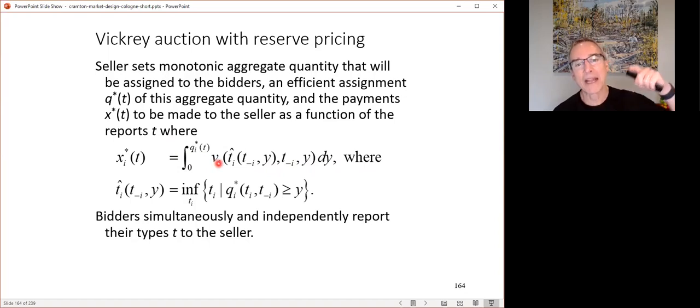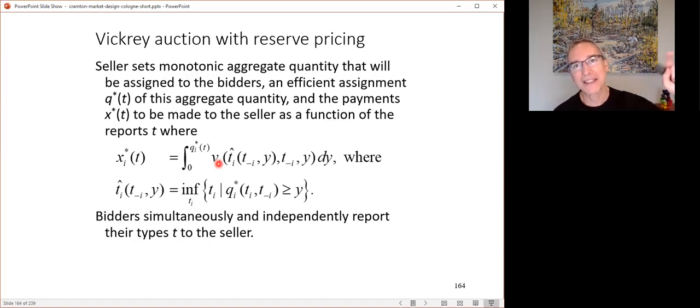Okay, so just think about what happens in a second price auction. One way to think about it is I am being charged my marginal value, which is my value for the good, but it's my value when I report the lowest possible type that would still enable me to win the good.